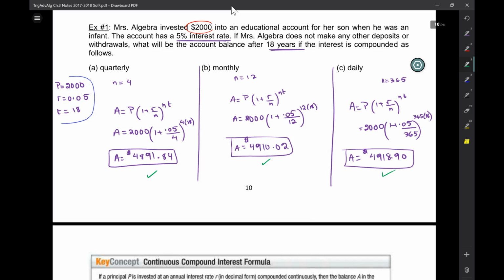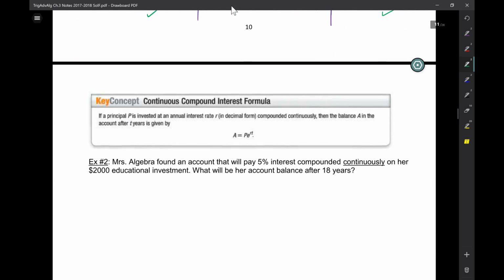That's like, we're paying you continuously. So how many times a year is that? An infinite amount, right? It's an infinitely large amount. So every second. In that situation, the formula then changes.